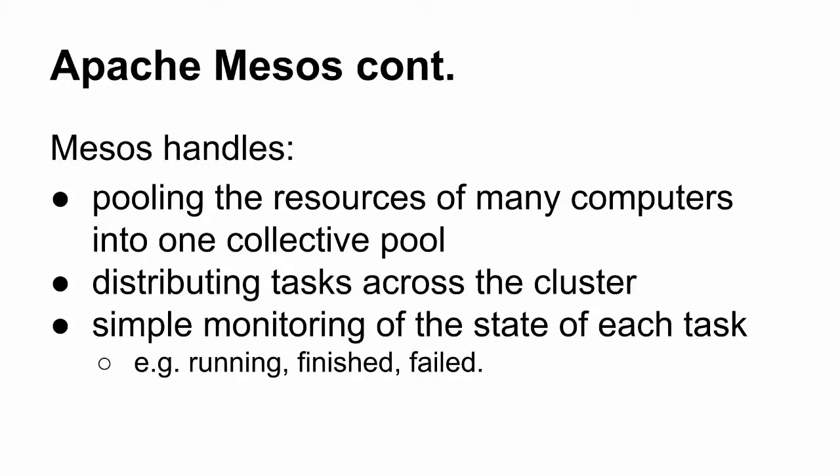And it also monitors each task just using a simple check, seeing if the task is still alive. And so in a way, it's kind of like the accountant for the cluster. It makes sure that there are enough CPUs to run any task that is proposed, and it keeps track of how much is used and how much is free.